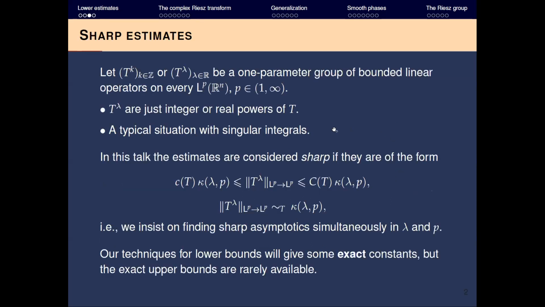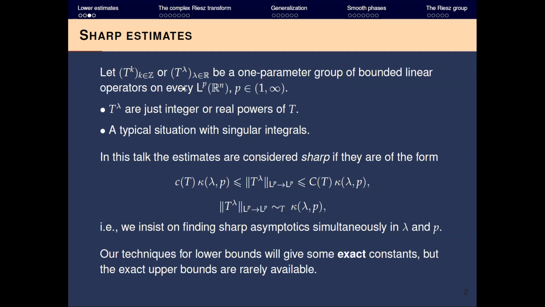So the actual setting is that we have a group of operators. I'm calling it a one parameter group, but strictly speaking, you're just starting with your favorite operator T and raising it to either integer or real powers, depending on the operator. Of course, if your operator is merely invertible, then integer powers make sense.